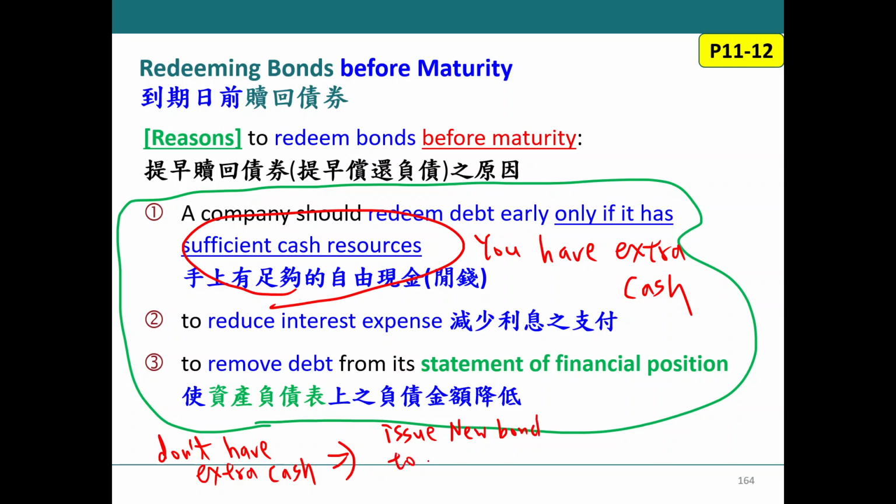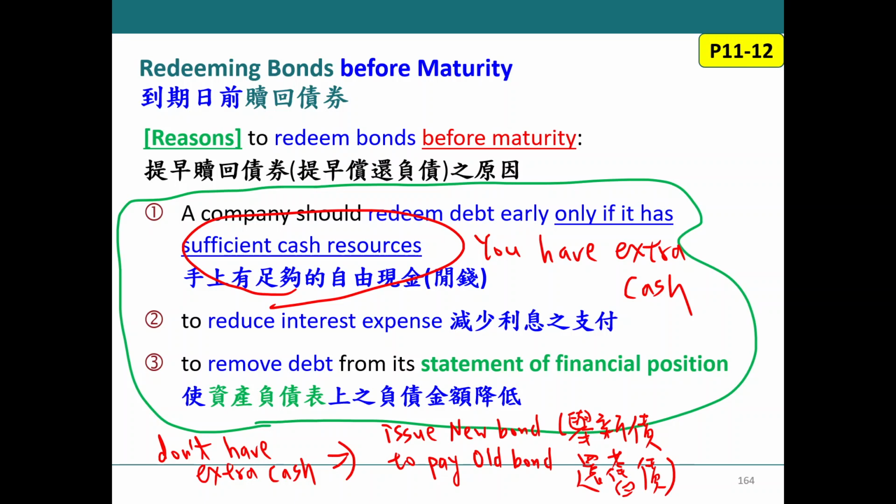To pay the old bond. 举新债还旧债。Still, that's quite common for finance.